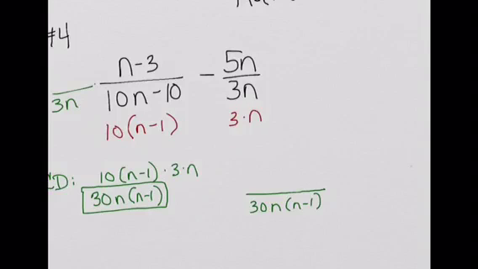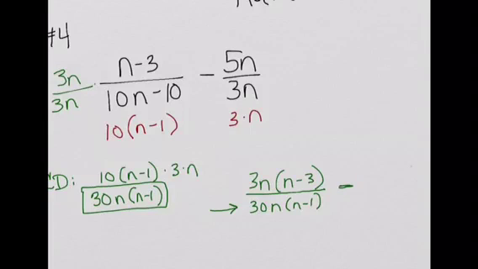So the top needs to be multiplied by 3n as well. I'm just going to write down what it looks like at the moment. I'm not going to multiply anything out, but I have added a 3n to the top and the bottom so that the denominator is my common denominator.